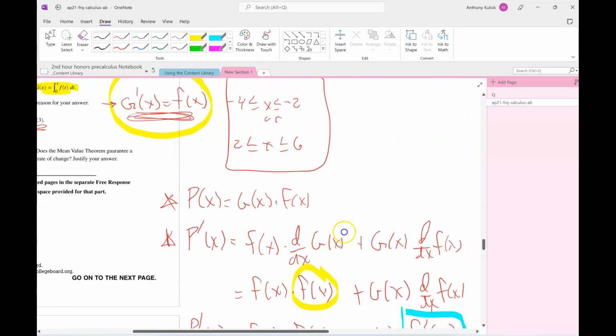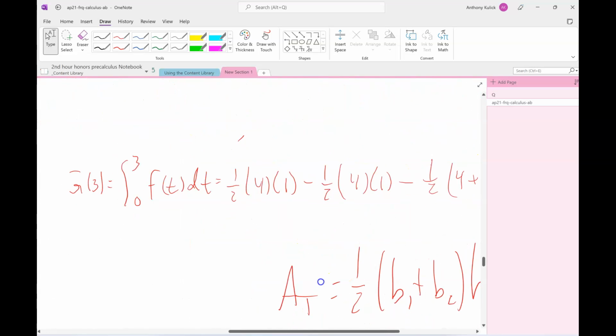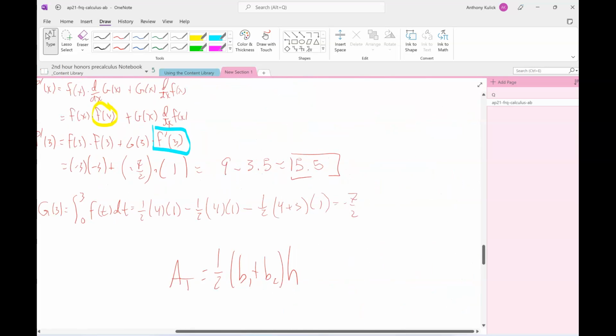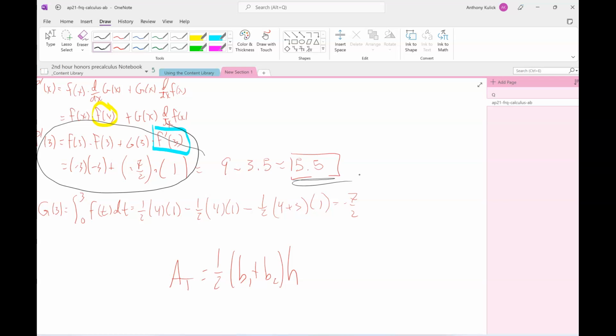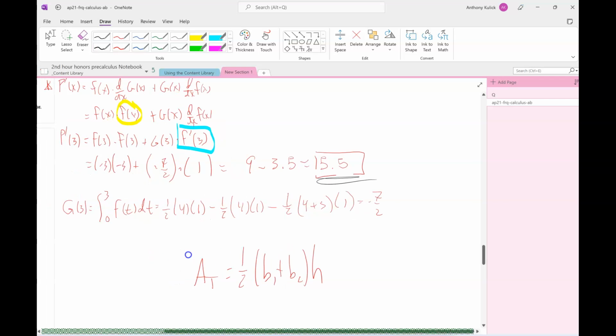So the answer, Josh, for g of 3 was -7/2. But then when we plug it back in up here, we get 5.5 total for that P prime of 3. The negatives cancel out, yeah.